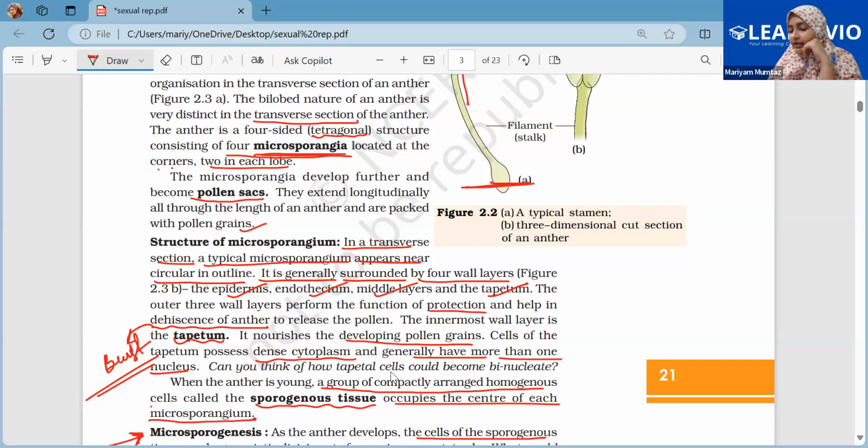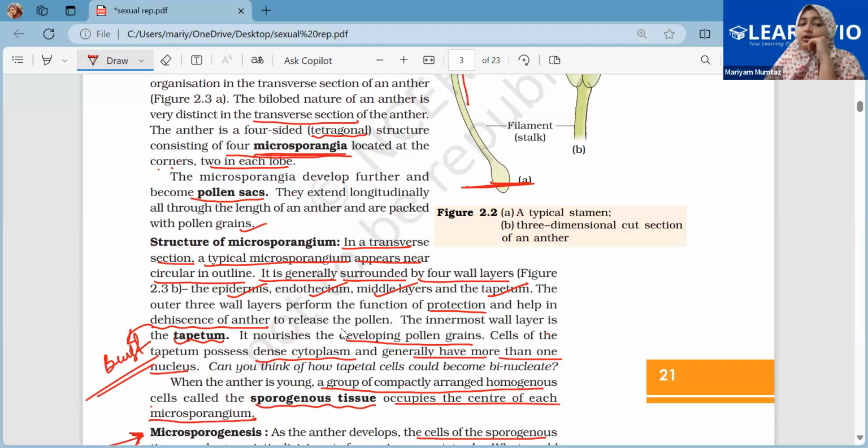Not the male reproductive structure, the gamete. The male gamete is sperm and the female gamete is ova, right? So the equivalent of the male gamete sperm in plants is the pollen grain. Pollen grain is a male gametophyte. Clear?